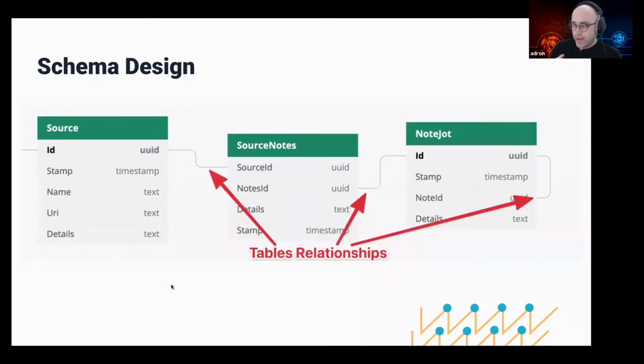The tables then have relationships, which are of various types. In a relational database, it's primarily a one-to-many relationship or a many-to-many relationship, or you have a recursive relationship, i.e. a table back to itself. If you look at the note jot table there, you see on the far side a recursive relationship line being drawn back to it.